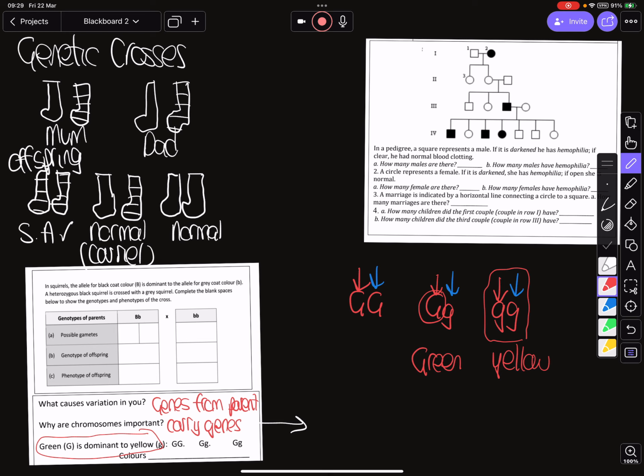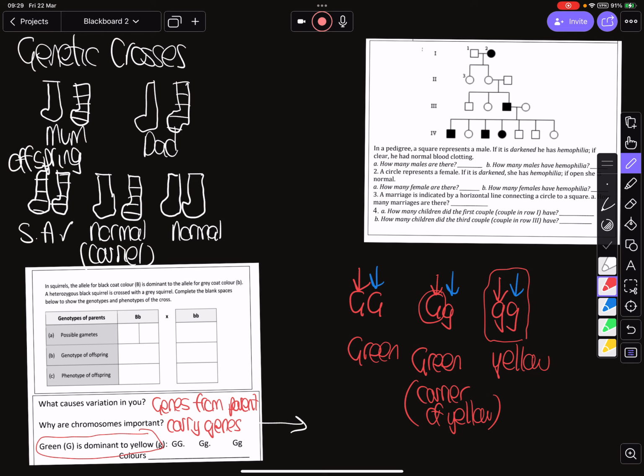So while we call this green, technically it's also a carrier of yellow. You're just not seeing the yellow in this parent. And then finally, if you get two big G's, this is going to be a green plant, and they're not going to be carriers of the yellow.